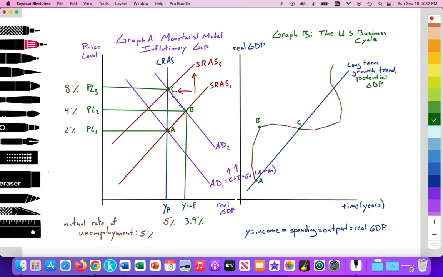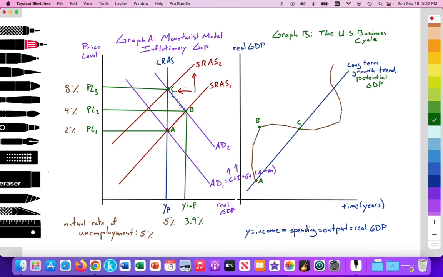So when households begin to reduce the quantity of their aggregate demand due to the higher price level, firms will also reduce the quantity of outputs they're producing and also reduce and fire the excess resources that they don't need, land, labor, capital, which will explain why unemployment would be rising back to its natural rate of 5%.